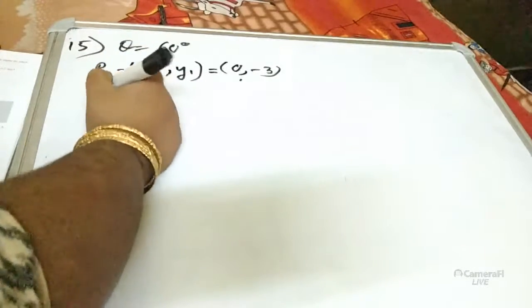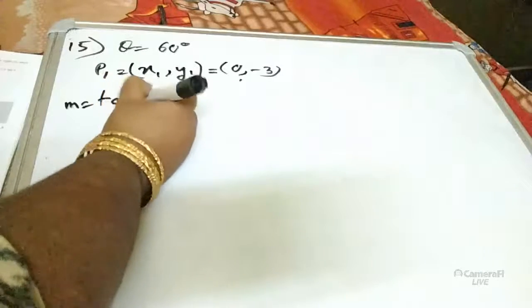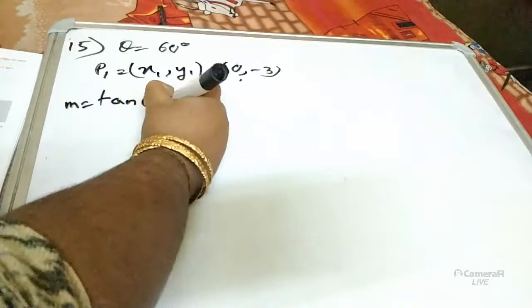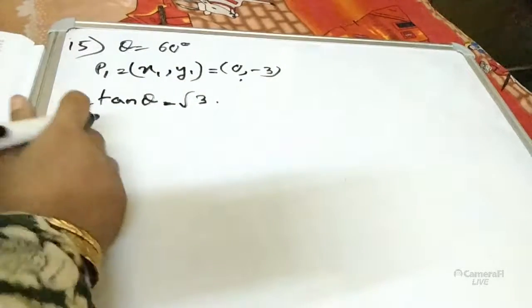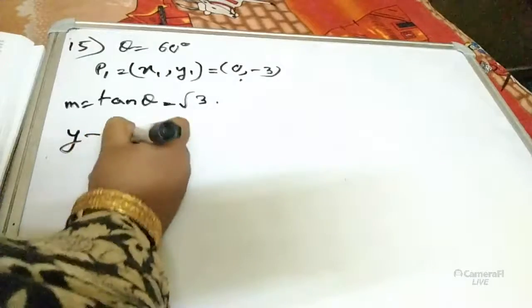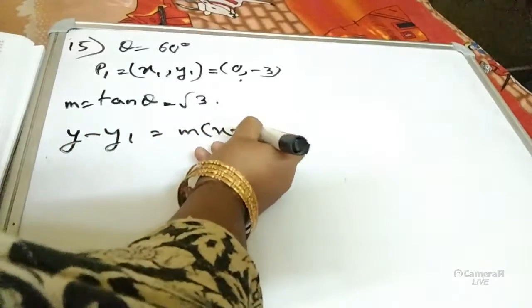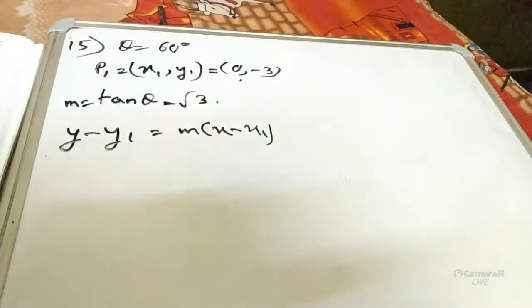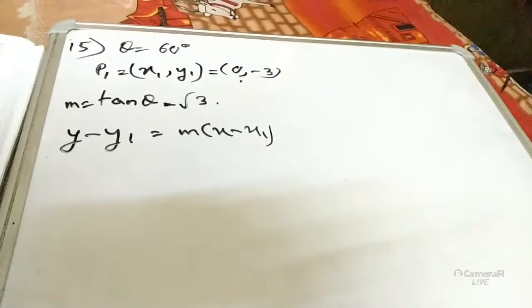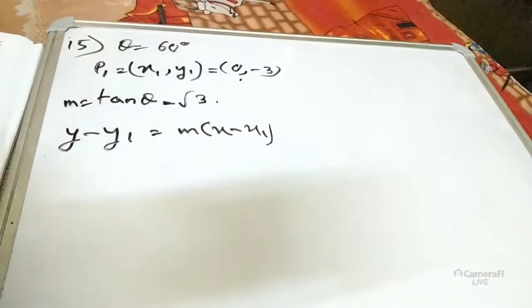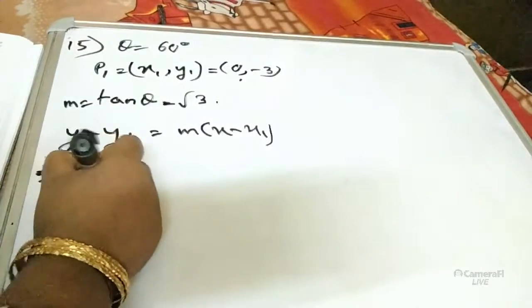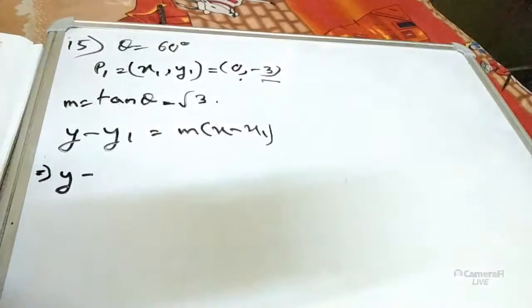If theta is 60 degrees, then the slope will be equal to tan theta, which is root 3. So m is root 3, and what will be the equation then? y minus y1 is equal to m into x minus x1. y1 over here is -3 and x1 over here is 0.